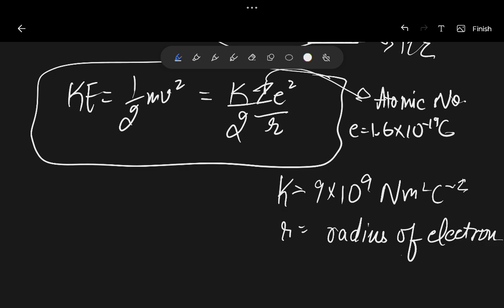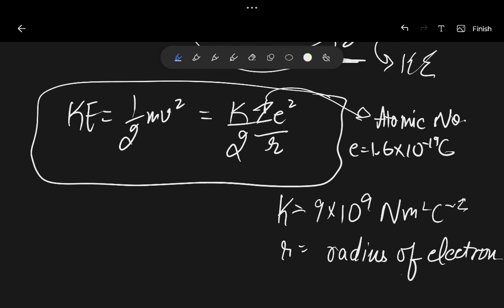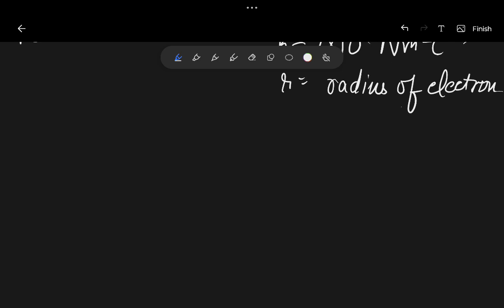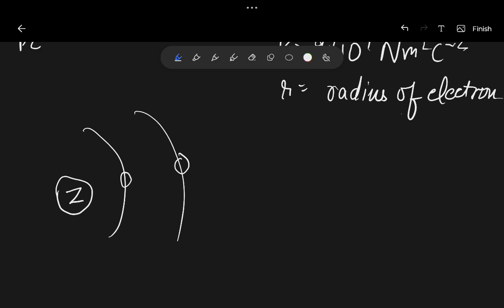And one more thing to tell you. Now we got this formula, and with this formula we'll be finding out about potential energy, and we'll be talking about total energy and so on. Right, so now let us say this is a nucleus Z and there are electrons. This is orbit 1, this is orbit 2, so this is electron 1, this is electron 2.